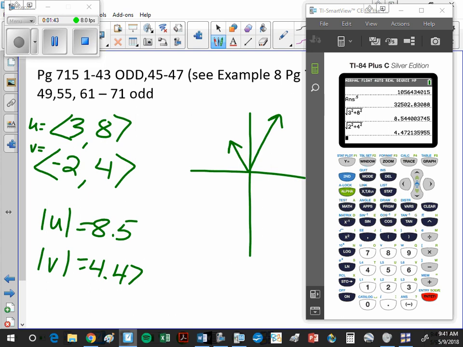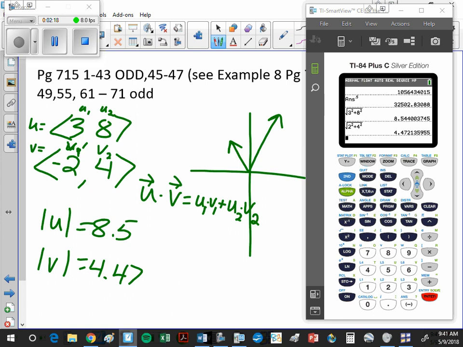Let's call these U1 and U2, and V1 and V2. The dot product, vector U, and this is the vector symbol, dot vector V, is defined as U1 times V1 plus U2 times V2.